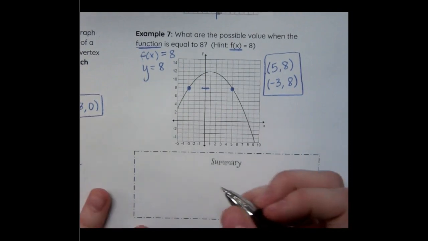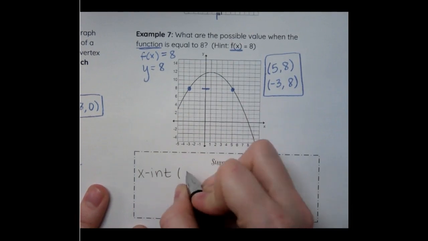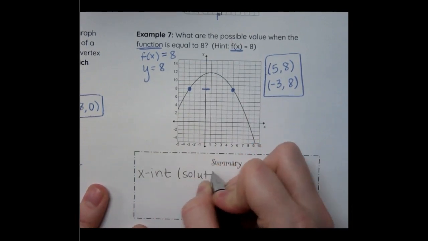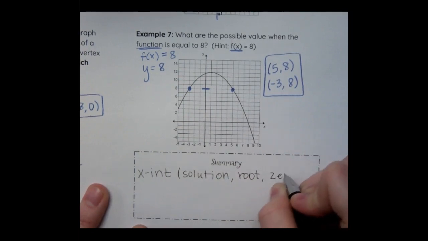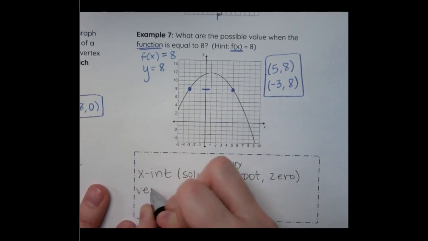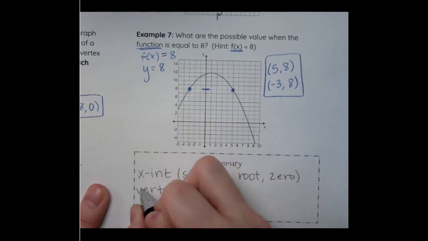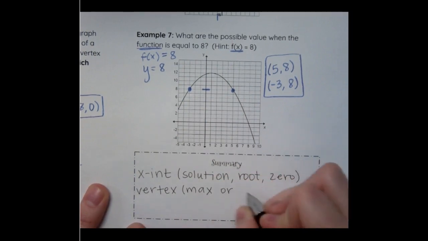I'm going to write a few things that will help us. So remember that x-intercept can also be solution, root, or zero. Remember that the vertex is the maximum or the minimum.